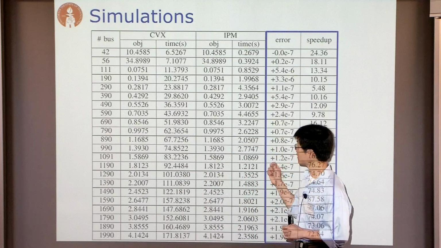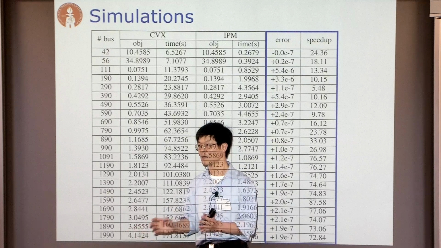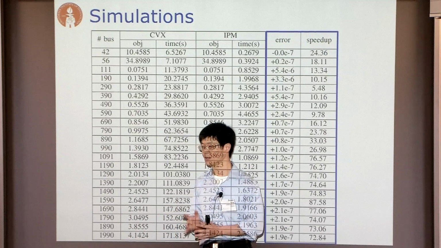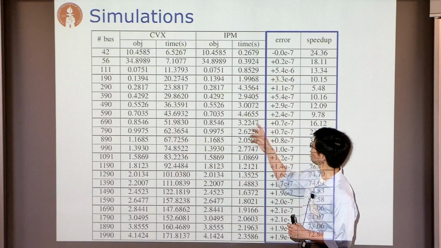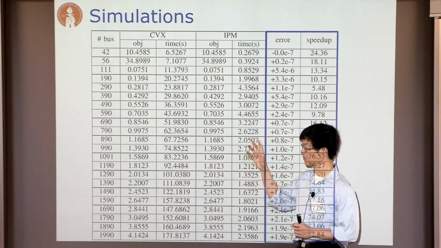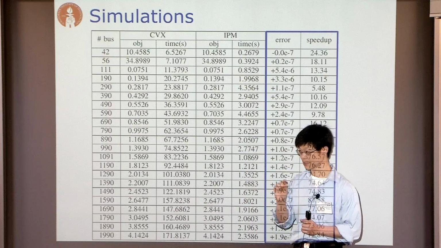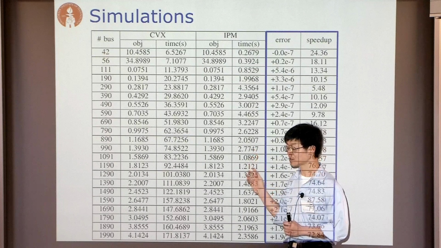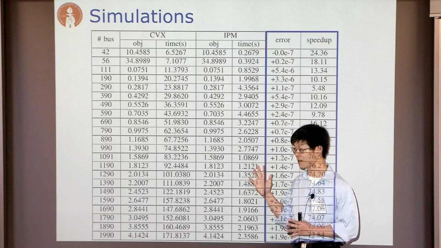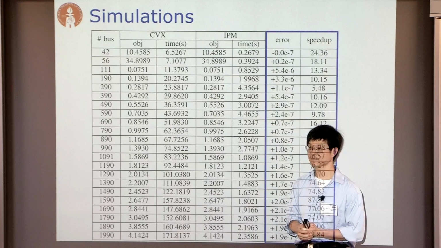The result shows that because for this particular network the loss is low, it's sort of overbuilt, and therefore the objective function between the linearized and the Baran-Wu's nonlinear is small. The computational time is significantly higher than if you just solve the linear.